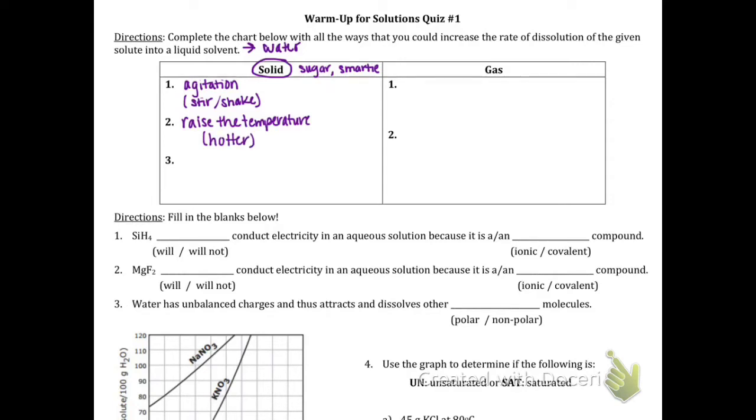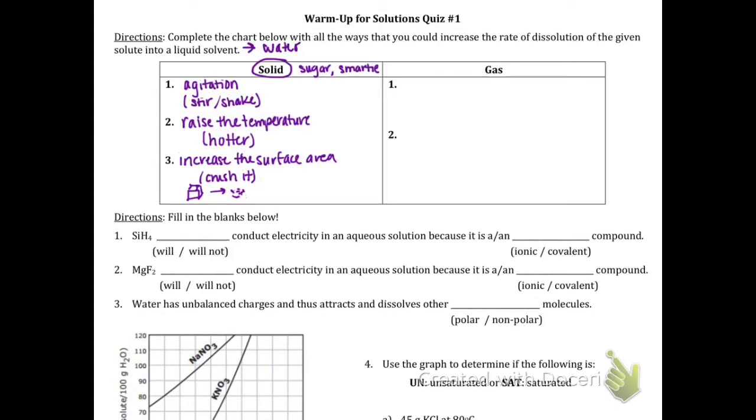The last thing you can do is increase the surface area. What does that mean? It means to crush it, right? So if you have a sugar cube, and you crush it into smaller pieces, then it's easier to dissolve, right?